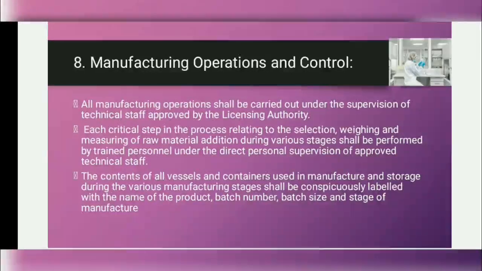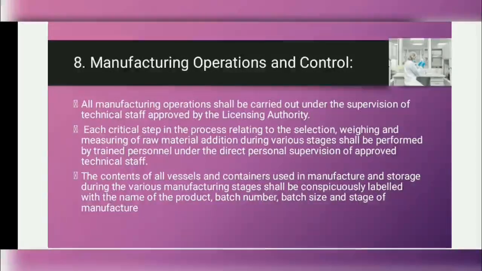So, from these two points, we can see that all manufacturing processes must be carried out under supervision of technical staff. The role of technical staff is very important during the manufacturing process.